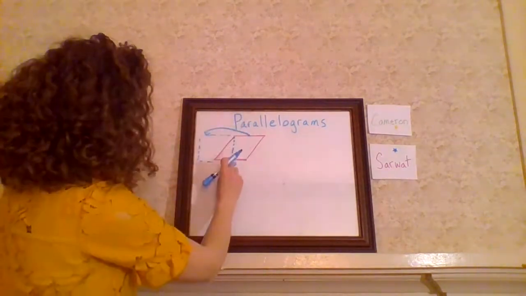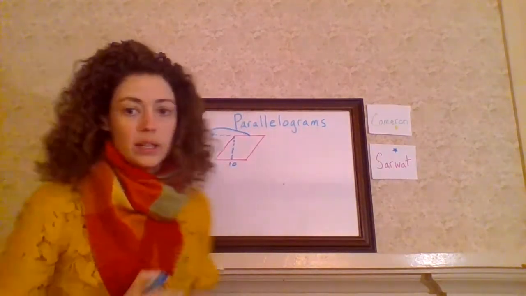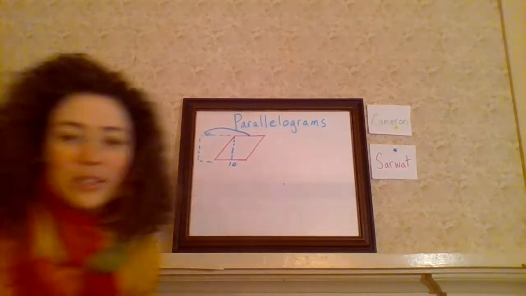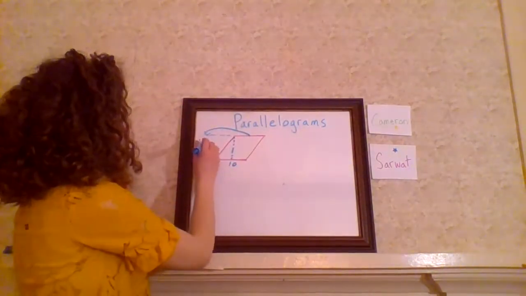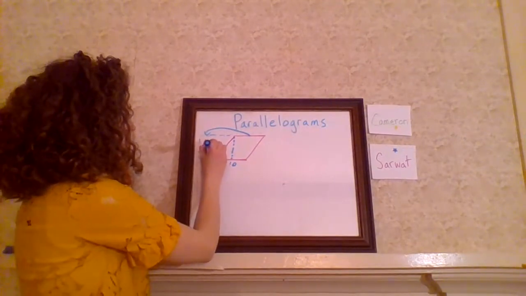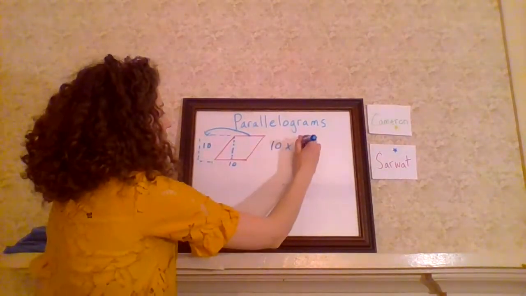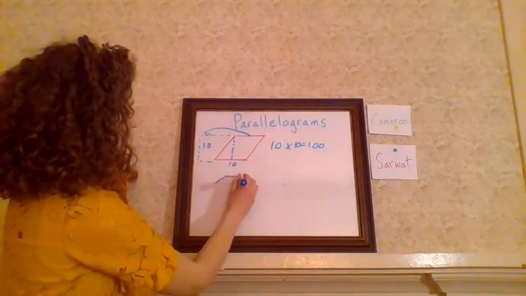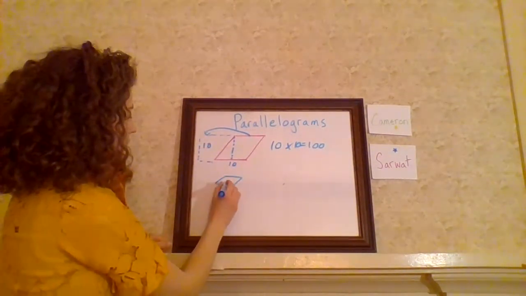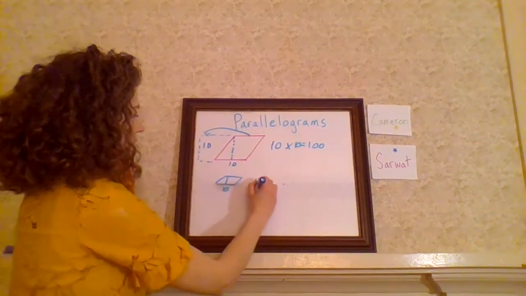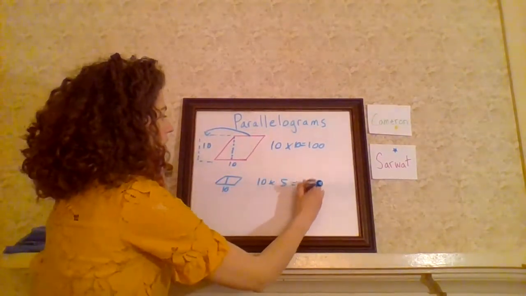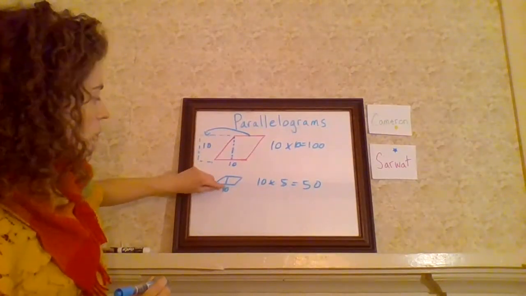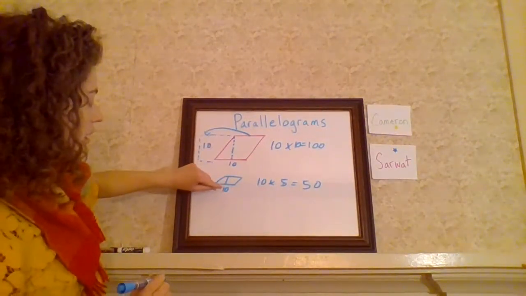We could measure that and find out. Actually, I just made those numbers up, so let's just say that is 10. Then we have 10 times 10, so that's 100. But if we had one of our smaller ones like this, then we would have a much smaller number. Just say it was 10 times 5, so that would be 50. So even if you had the same length and width, you can see it's a different area.